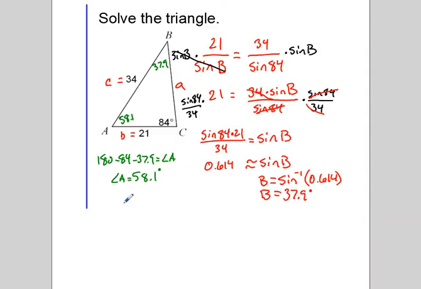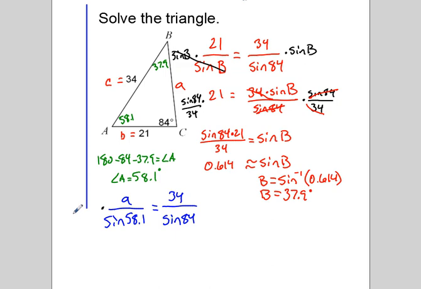So to find side A, I put side A over the sine of angle A, which I do know. That was 58.1. I'm going to use the same pair of angle and sides I used to begin with, which was the C's. 34 over sine of 84.